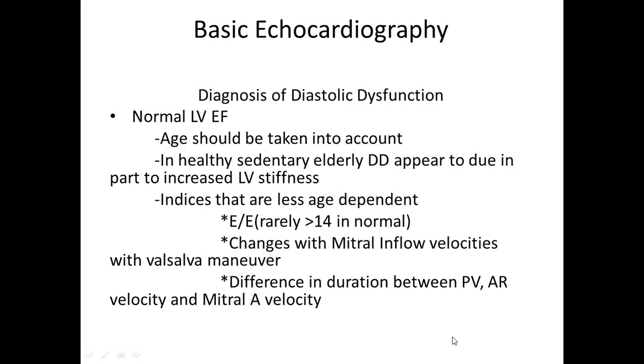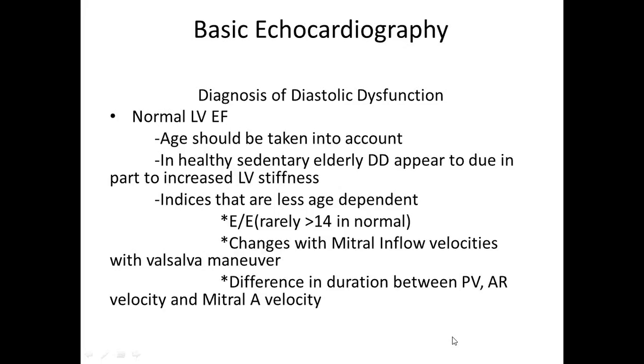When you're doing the left atrial volume, the method is called the area length method. You use a two-chamber view and trace the left atrial border. You do the area and then you drop a perpendicular, that's the length. You do that in the apical two-chamber, and you also do it in the apical four-chamber view.